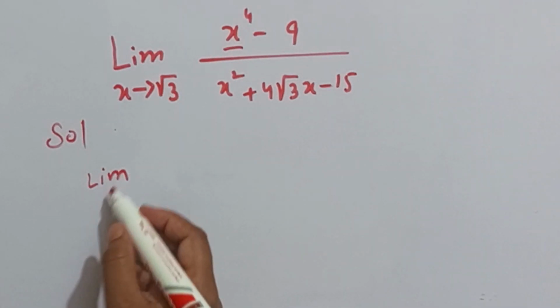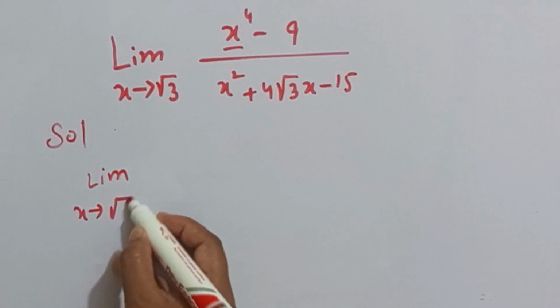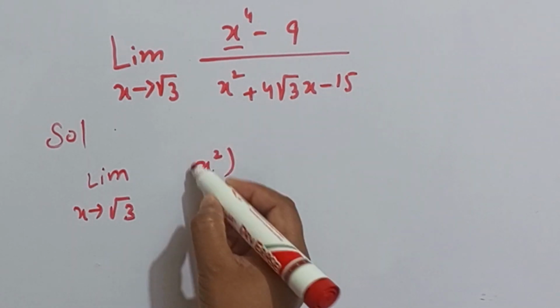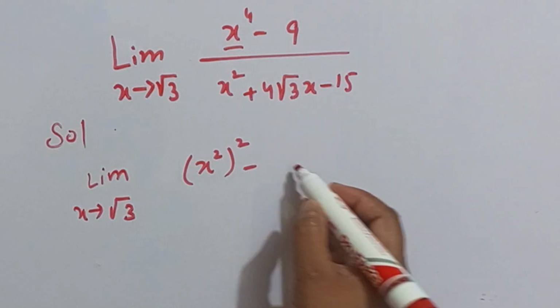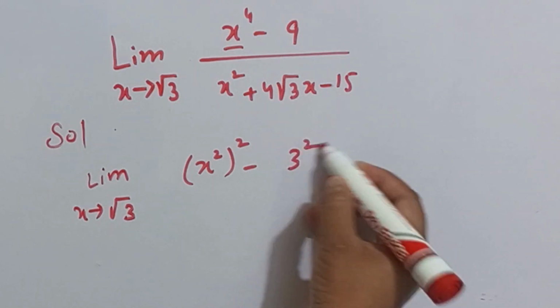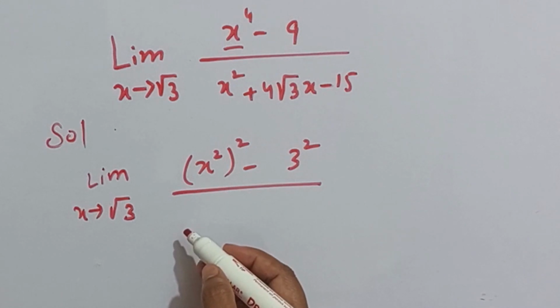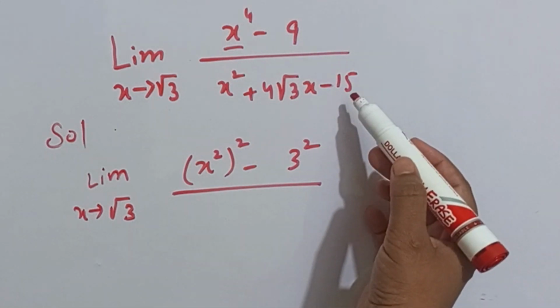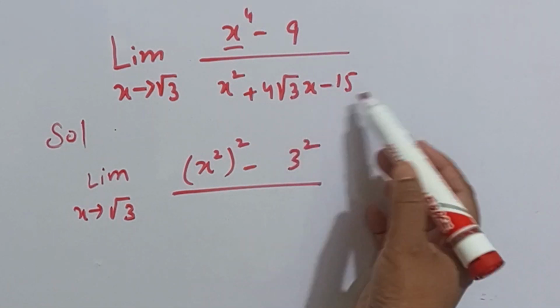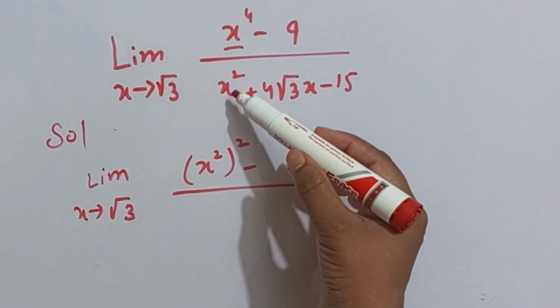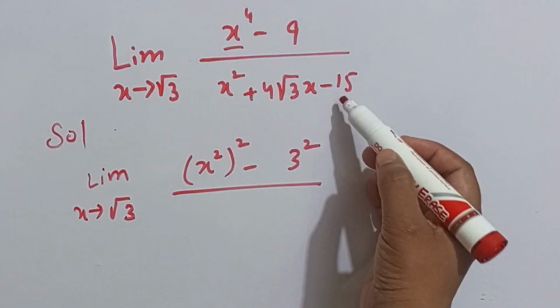So look at this. Limit x approaches square root 3. We write x raised to the power 4 as x square, whose power is 2, minus 9. We write this 9 as 3 square, over the denominator, which is basically a quadratic equation, and we find the factors of this equation. The coefficient of x square is 1 and the constant is minus 15.